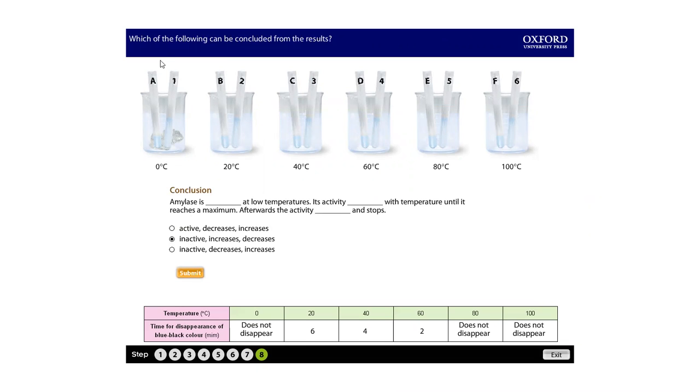Its activity increases a long time and reaches maximum. Afterwards, the activity decreases. The enzyme is denatured. Okay. Correct. Okay.